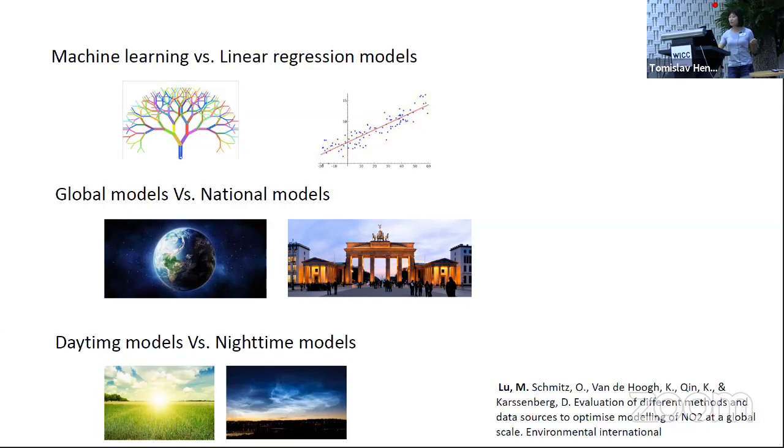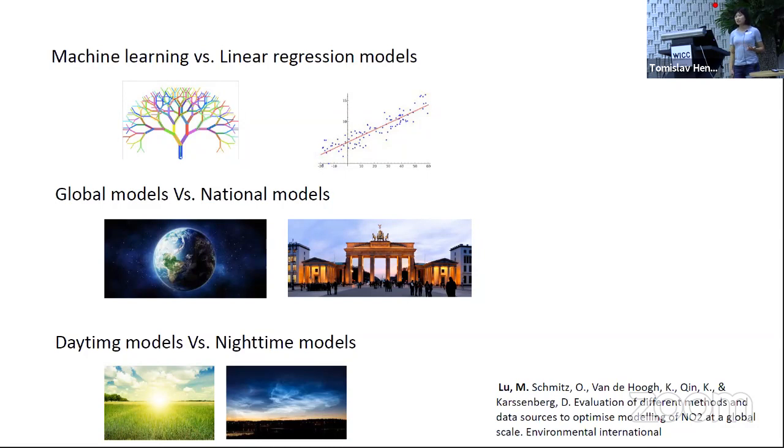So we did a preliminary study to evaluate different methods and data sources for the global model. We compared different machine learning and linear regression-based models to see if the non-linearities between the predictors and response can be better captured. And we also compared global and national models.